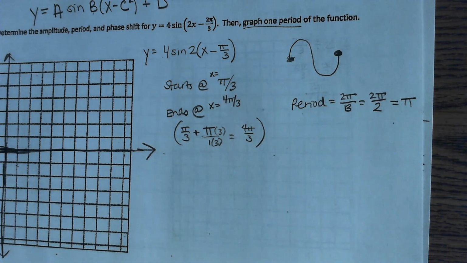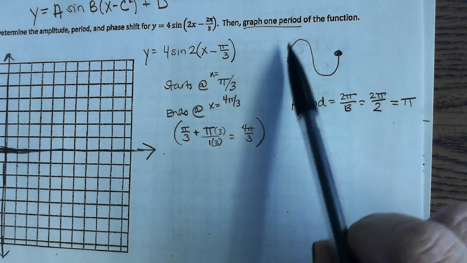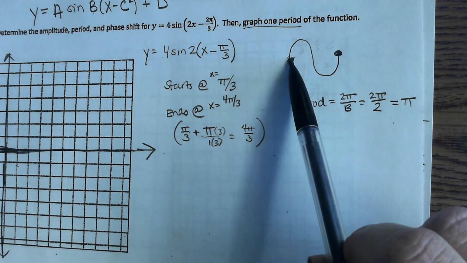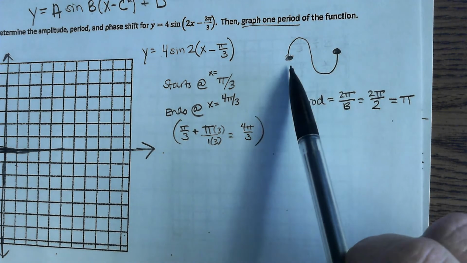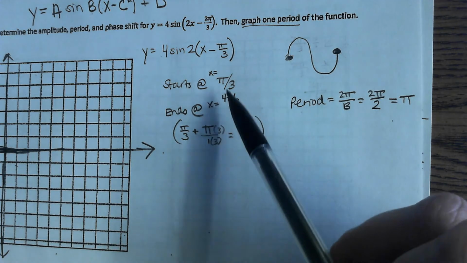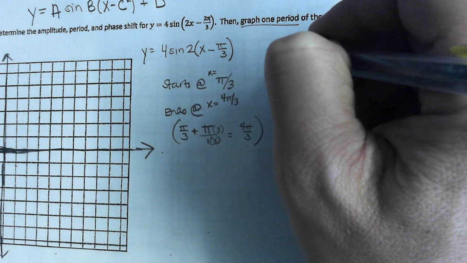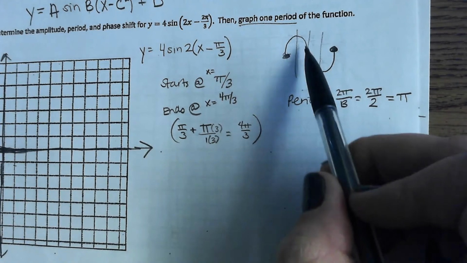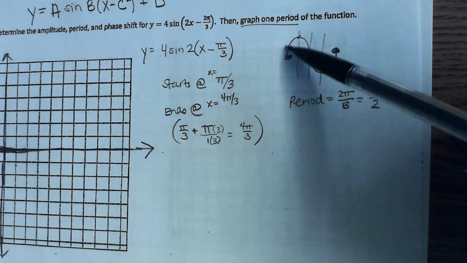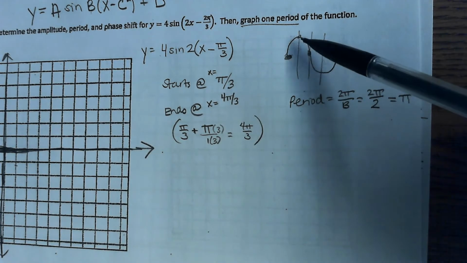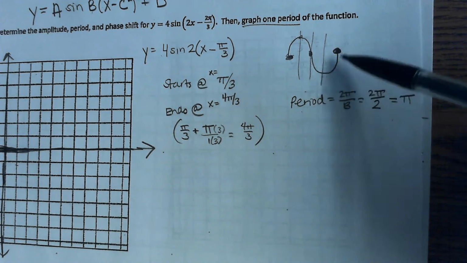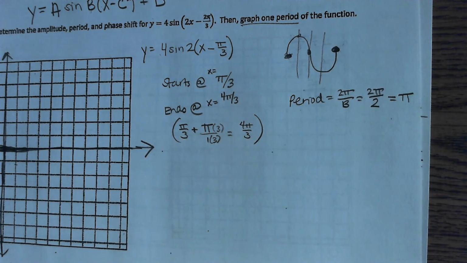Now, because we essentially have 4 quadrants within each curve, however many units you're going to put between these, it makes sense to keep it nicely divisible into 4 parts, because 1/4 of the way from pi over 3 to 4 pi over 3, we want to reach a maximum, and then we want to reach a 0, and then a minimum, and then we want to reach back to your ending point.